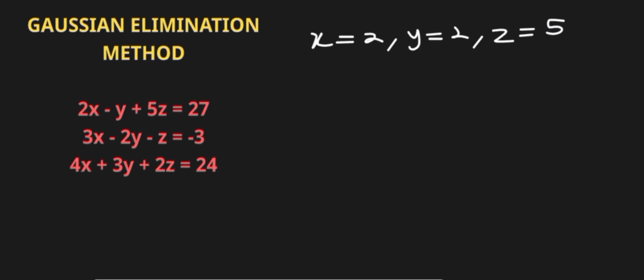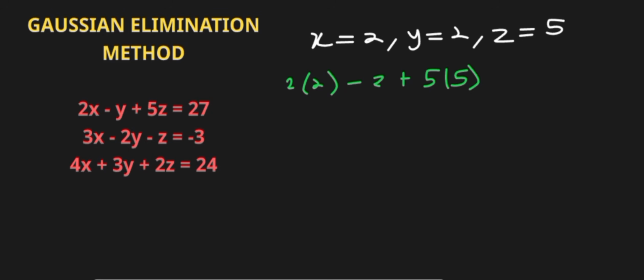The next thing is optional, and that is verifying the solutions by plugging the values into the equations. I'm just going to take the first equation, then you can take the rest. The first is 2x, that's 2 times 2, minus y minus 2, then plus 5z, which is plus 5 times 5.